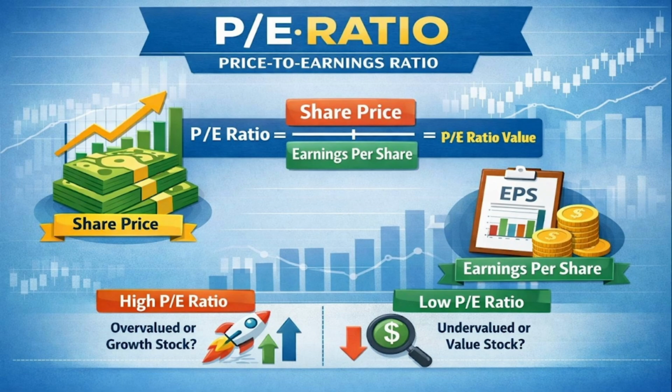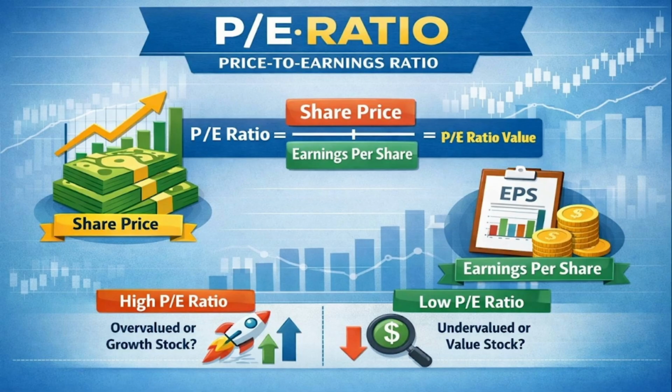To calculate that, we find the share price and divide it by earnings per share. That's so simple, giving us the PE ratio. If a stock trades at $50 and earns $5 per share, the PE ratio is 10. That means investors are paying 10 times the company's annual earnings.